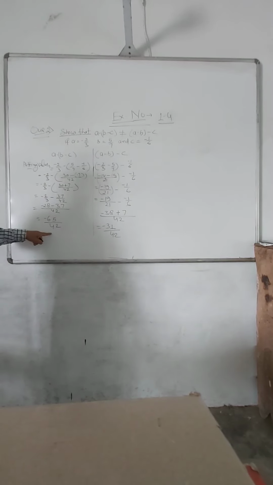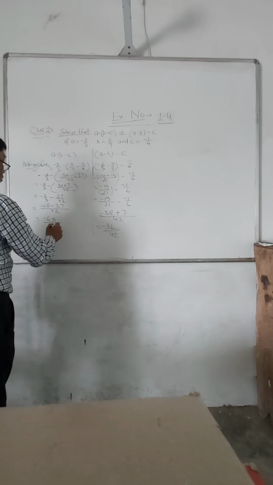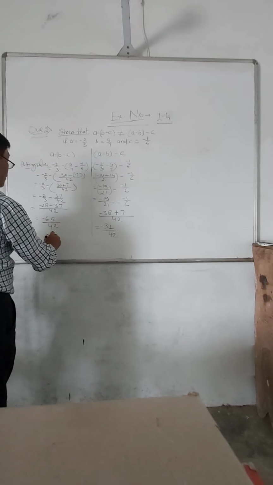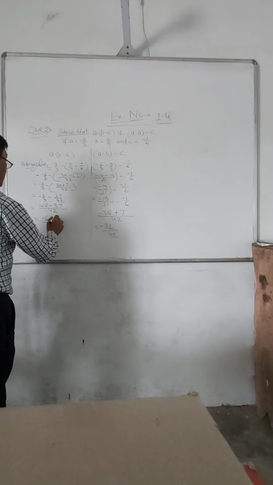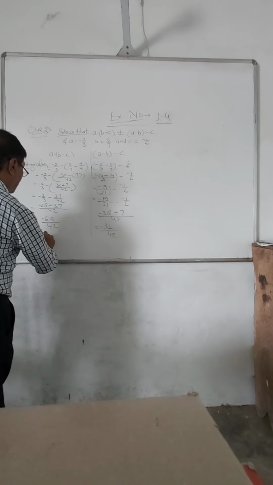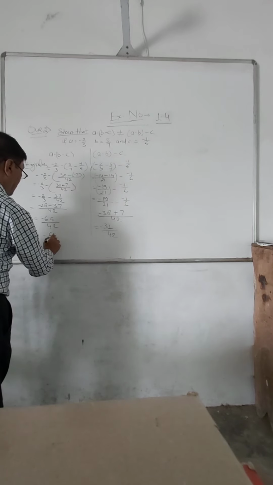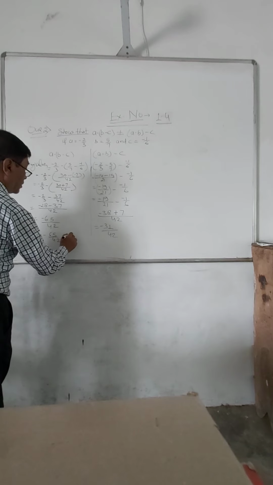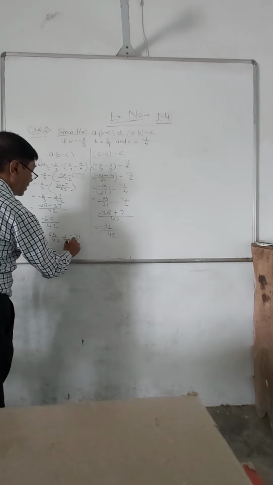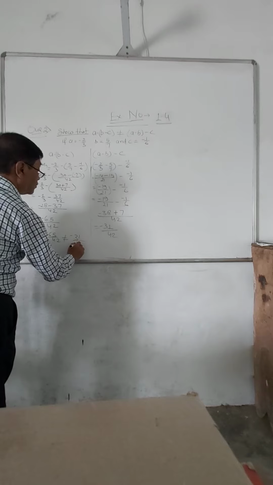Therefore, A minus B: so this is not coming. So this is minus 65 upon 42, which is not equal to minus 31 upon 42.